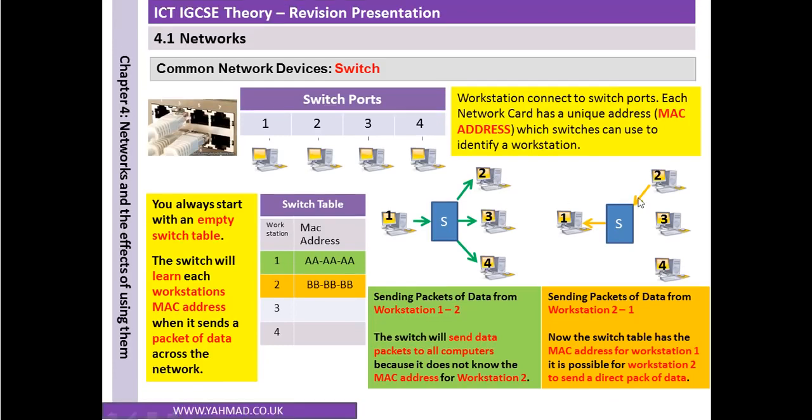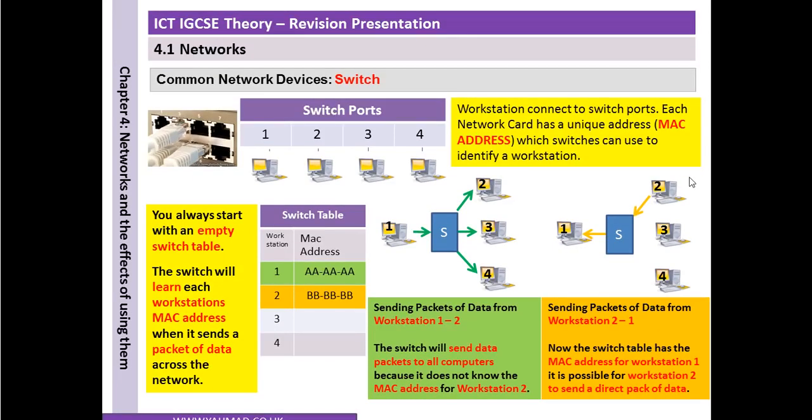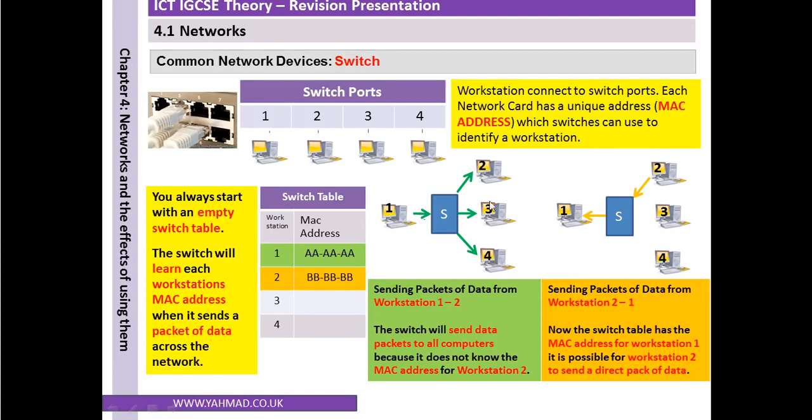As the computers are connecting and communicating information, every time a workstation on a network sends a packet of data, the switch table will learn the MAC address. Then in the future, if a particular workstation wants to connect to another workstation, it will be able to identify it using the MAC address which has been stored in a previous encounter.